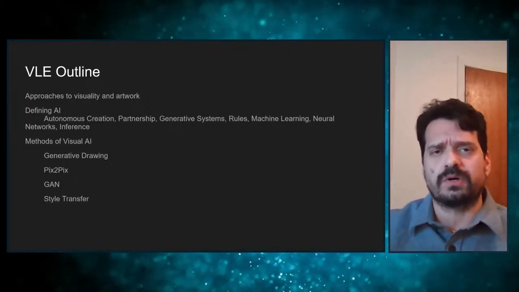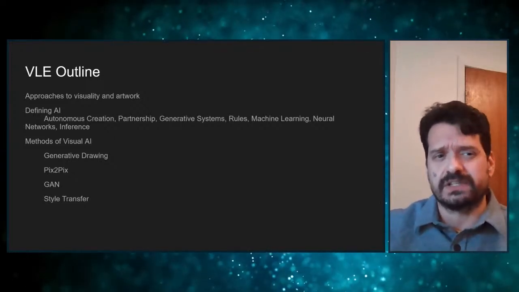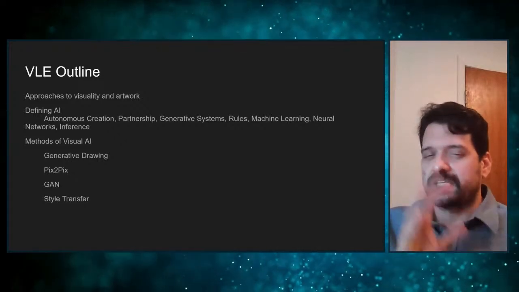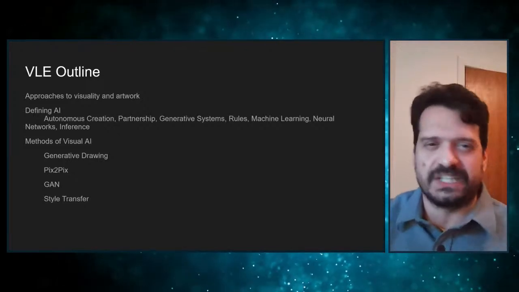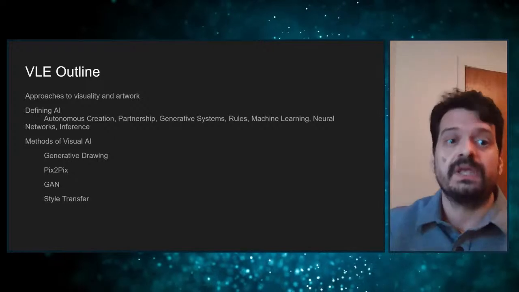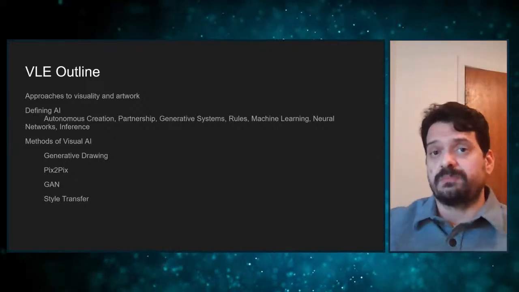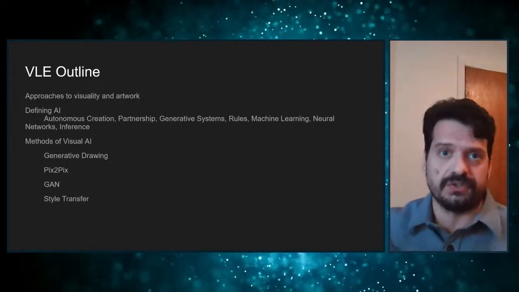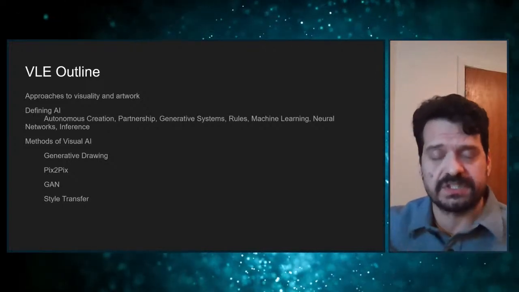and that's going to break down into four categories where we'll look at generative. Maybe drawing isn't quite the right term here, but generative construction, generative programmed computational artwork, where we're more directly telling the system what to do. We'll look at something called pix-to-pix, which is a kind of neural network machine learning approach to creating and synthesizing images.